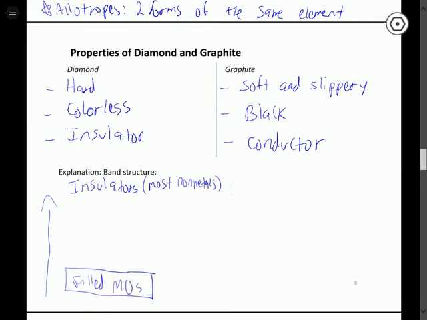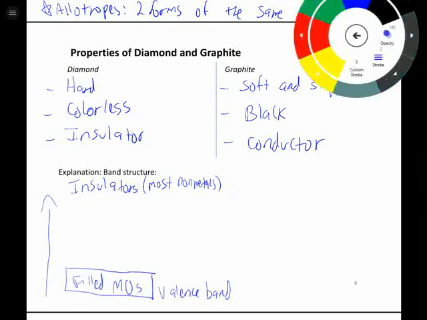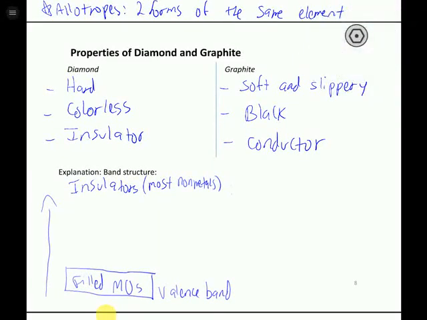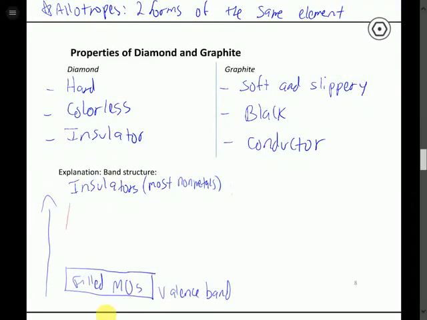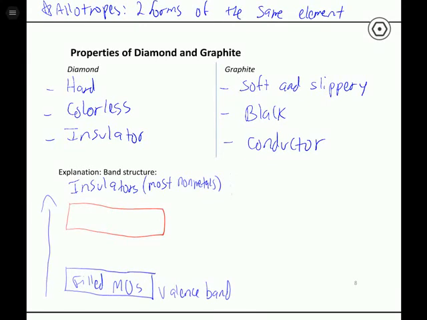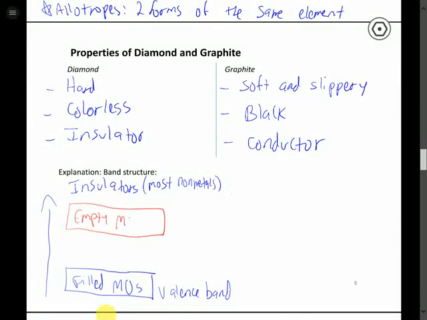Okay, so these are completely occupied with electrons, and we call this the valence band. And then higher in energy, we have the empty molecular orbitals, and these will be anti-bonding orbitals, although the bonding character doesn't really matter too much. But these are empty in the ground state. And this is called the conduction band.